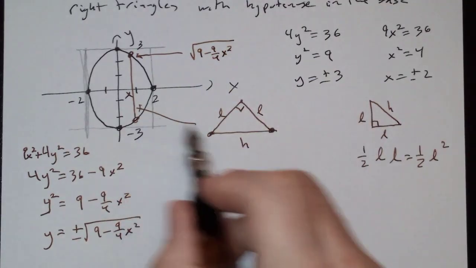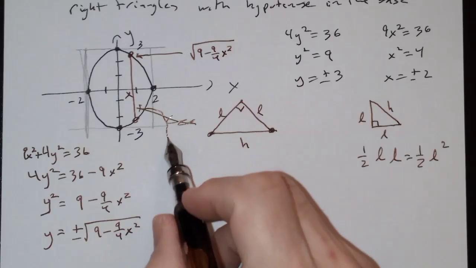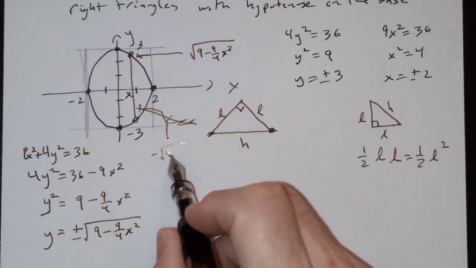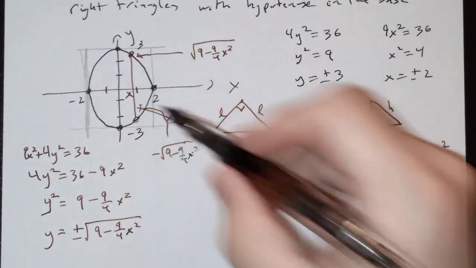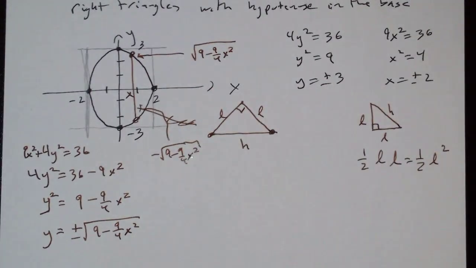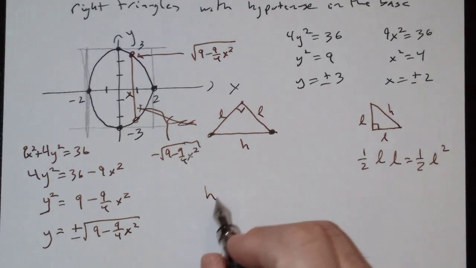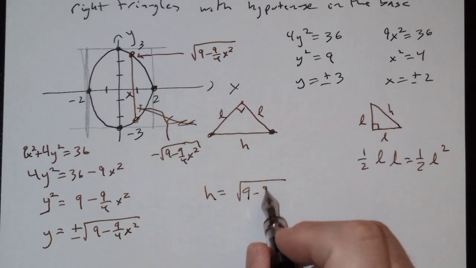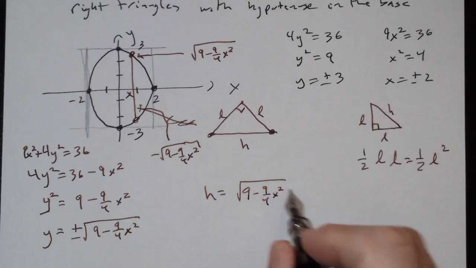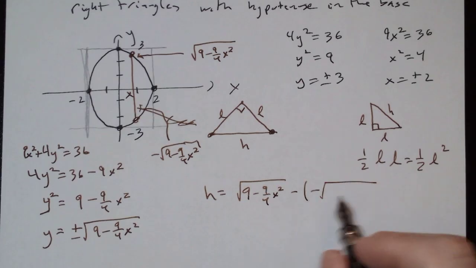And this one? So if I want to know how far it is from there to there, what do I do with those two things? Okay, so that means that in this picture, H is the square root that's positive minus the square root that's negative.